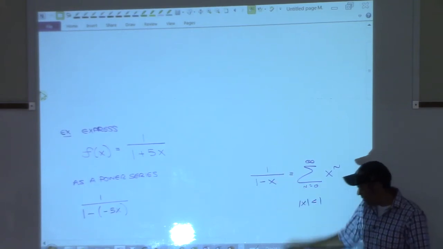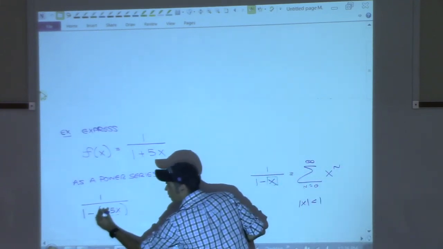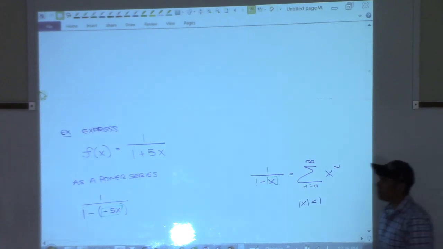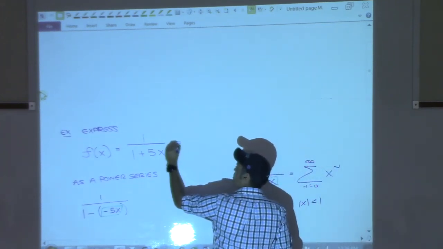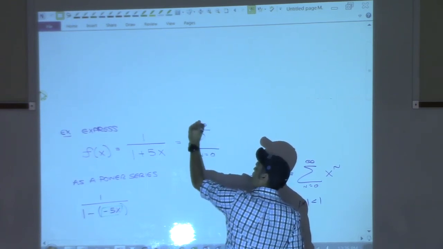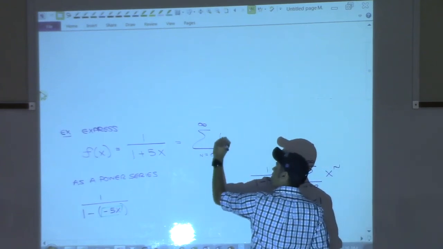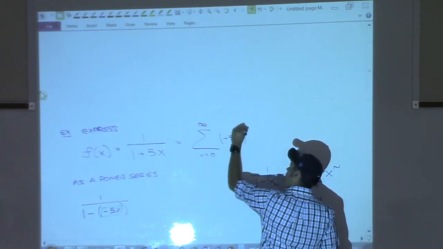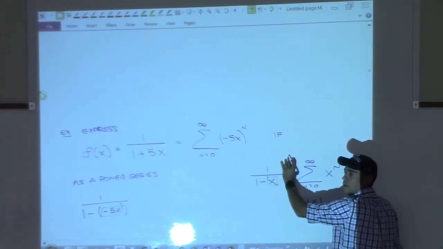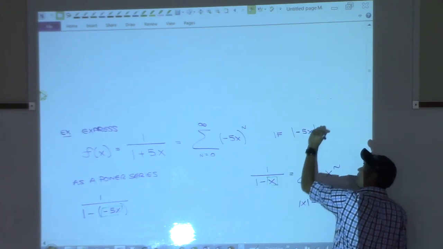And y'all see x for us here is really kind of a dummy variable. So for us over here, it's this whole thing, right? So this should be equal to the sum from n equals 0 to infinity of negative 5x raised to the n, so long as the absolute value of negative 5x is less than 1.